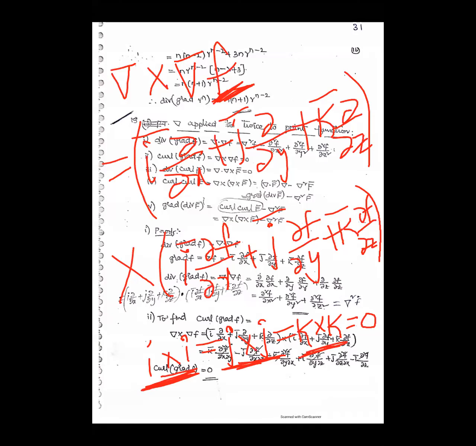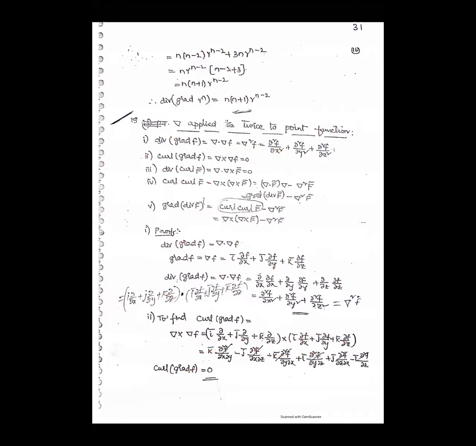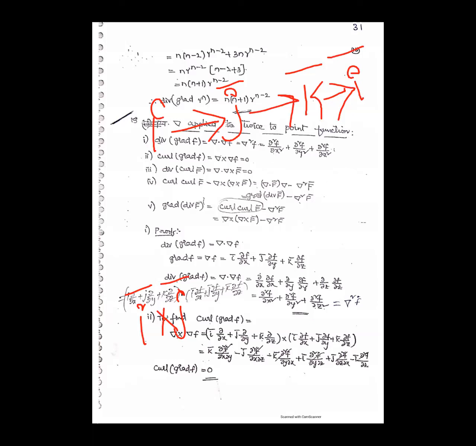In different operators, operating cross, i cross j is in the forward direction. Forward direction means i after j after k, cyclic, then k after i. This is the forward direction. Forward direction represents plus.